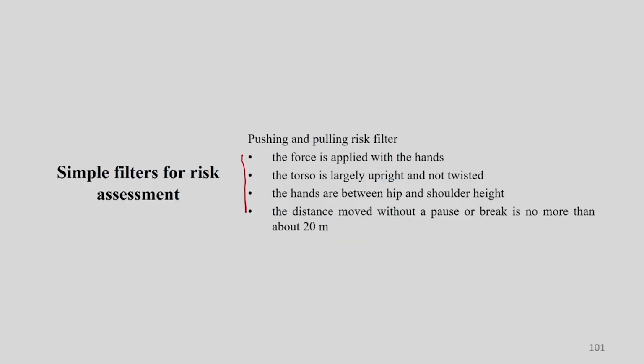If the person is exposed to any one of such risks, you have to think how to redesign the workspace and work environment so that you can avoid or eliminate these risks. So that is the simple filter for pulling and pushing.